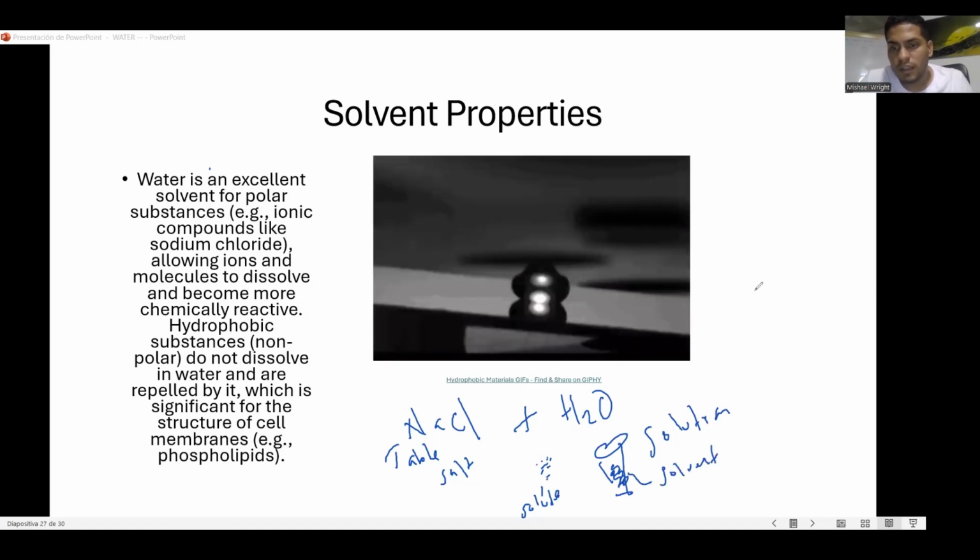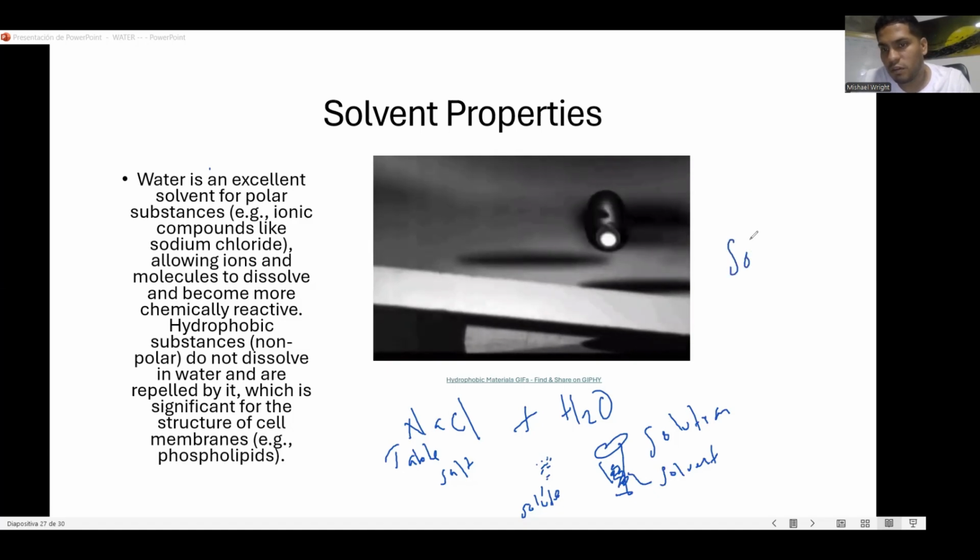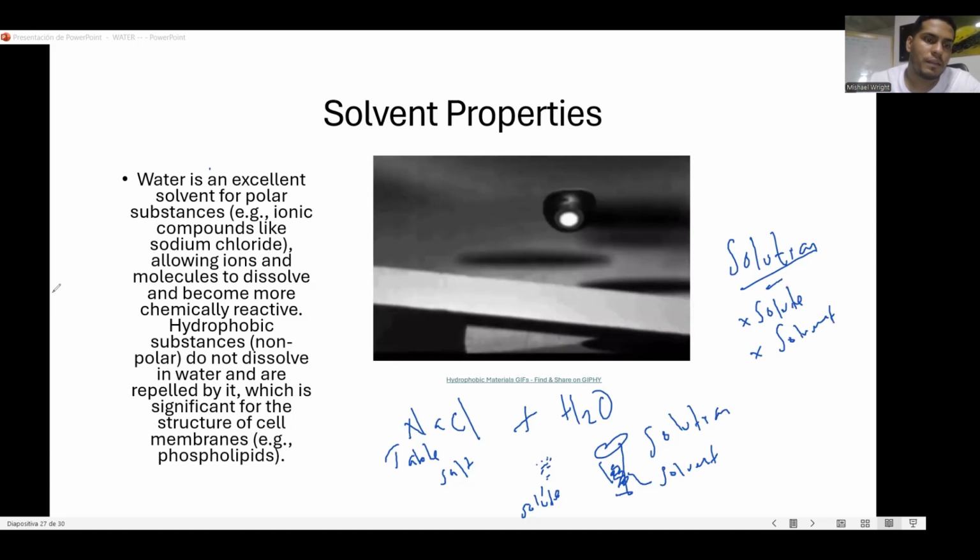A solution is basically formed by solute and solvent. And water dissolves most of the compounds that exist, more than 60%, right?